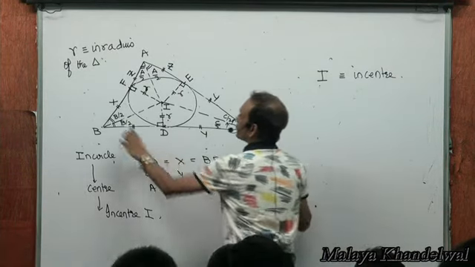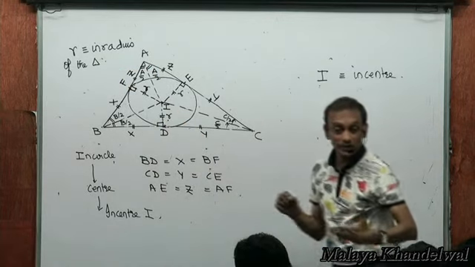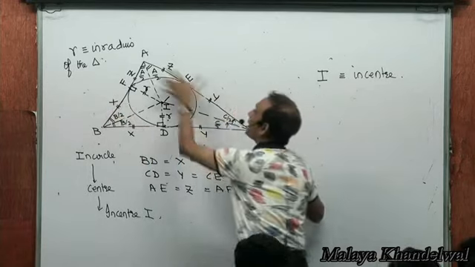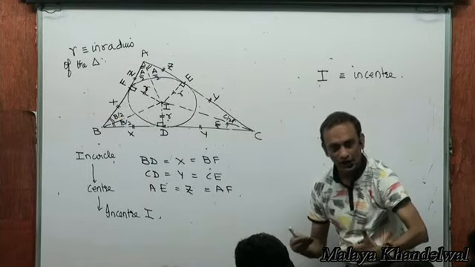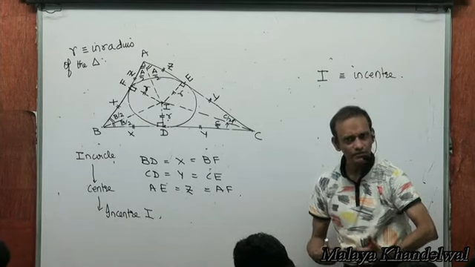Now, 2x plus 2y plus 2z would be the perimeter of the triangle, isn't it? It will give me the perimeter of the triangle, which will be 2s. Yes or no? Twice the semi-perimeter.